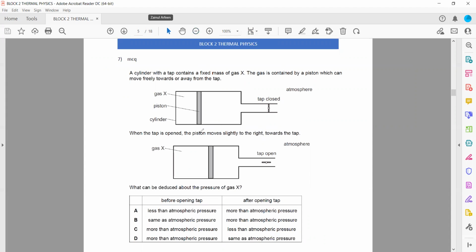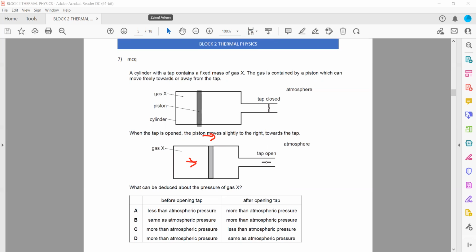When the tap is open, the piston moves slightly to the right. Here, this is the initial position, but when we open the tap, the piston moves slightly towards the right. So what does it show? It shows the pressure of the gas before we open, and then it stops. So what it shows is that this gas initially, when the tap is moving, like this was the position of the tap.